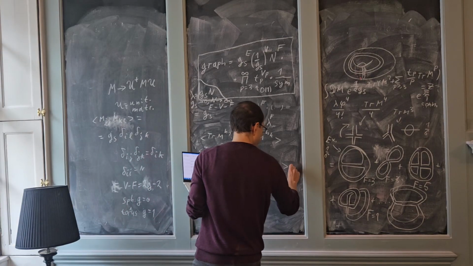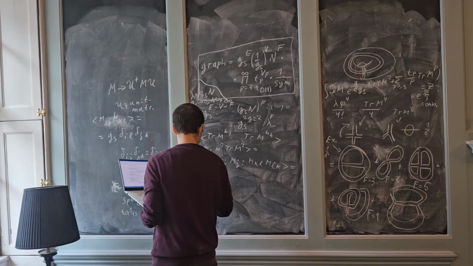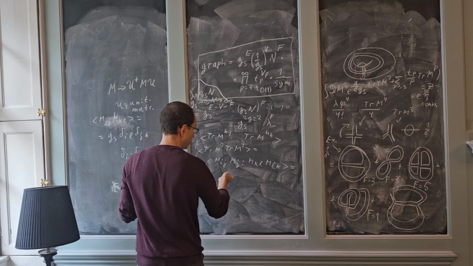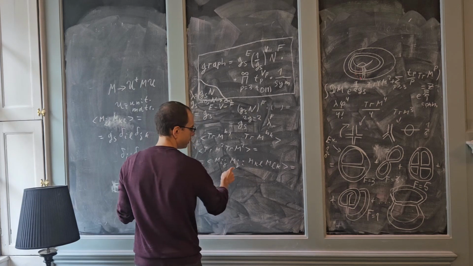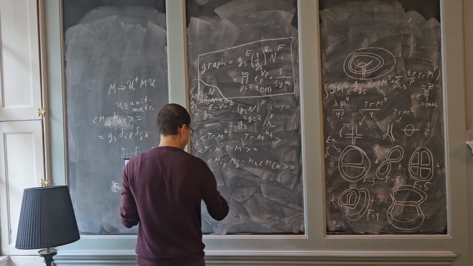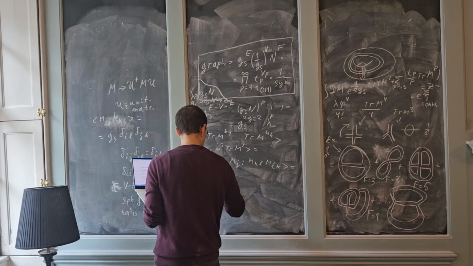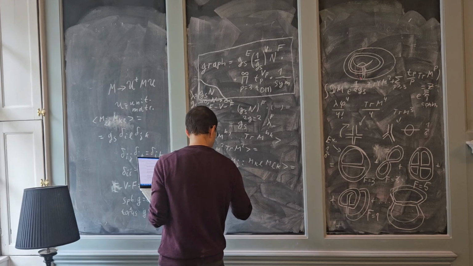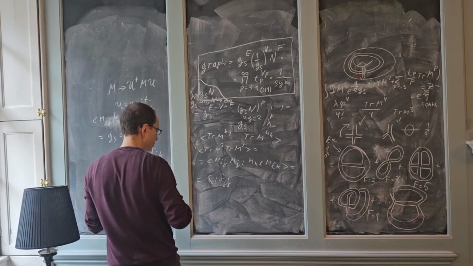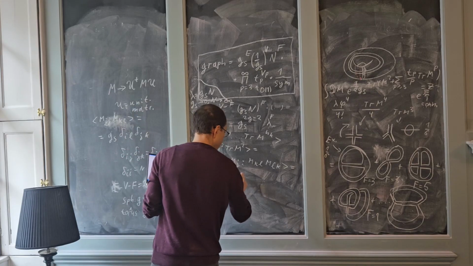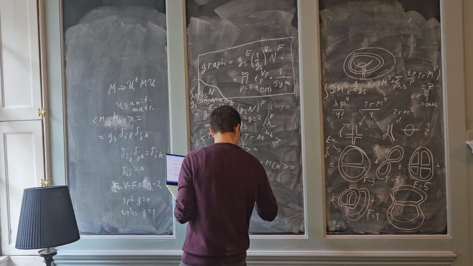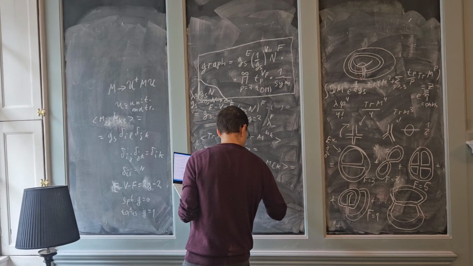So there are 2 options to contract the matrices that are inequivalent. The first option is to contract within each trace, so this with that and this with that. That would give me delta_II, delta_JJ, times delta_KK, delta_LL.